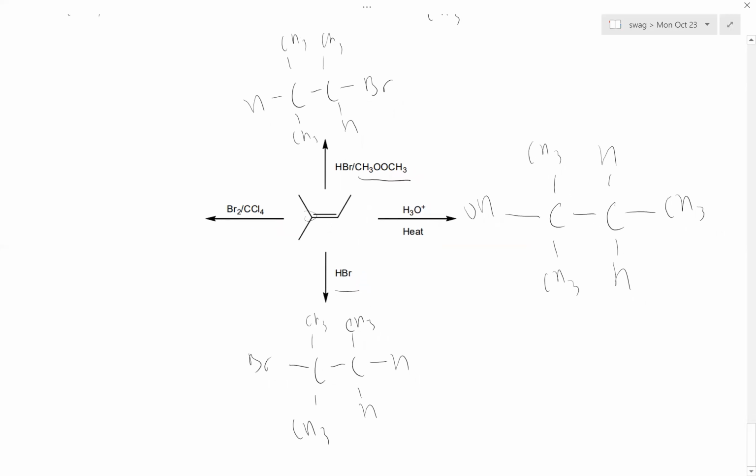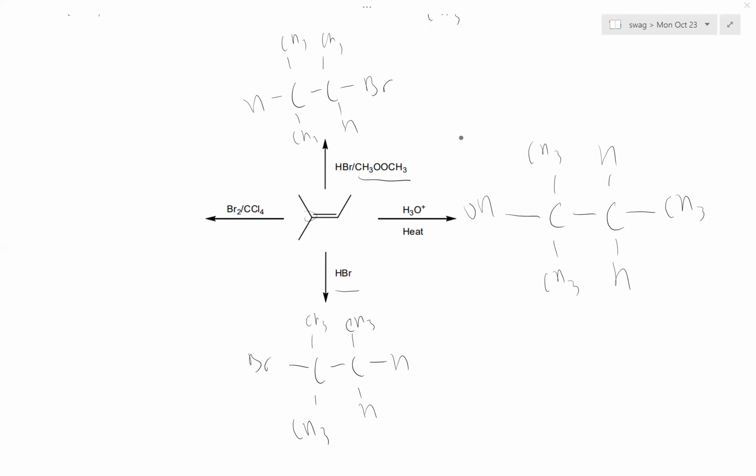Yep. All right, so now Br2 in CCl4. Do y'all remember what that does? Yes, so it's anti, and you're going to add a Br to each carbon of the double bond.